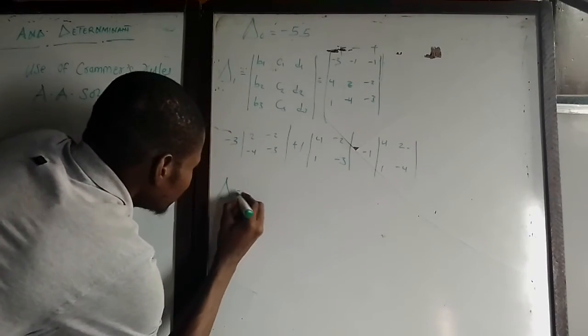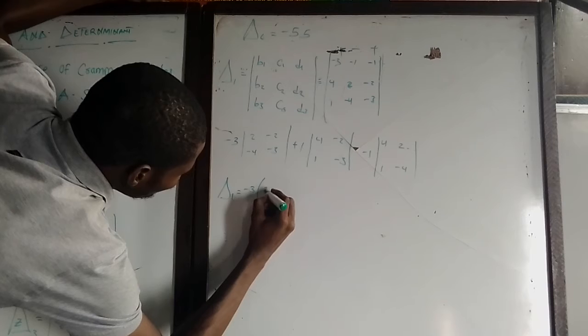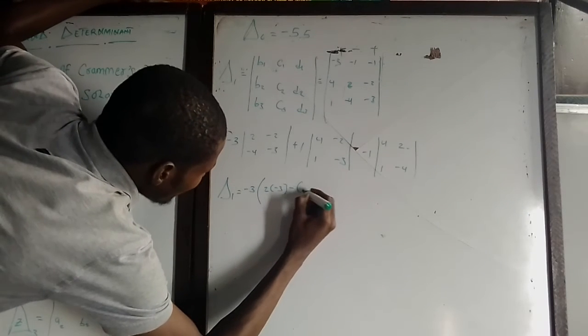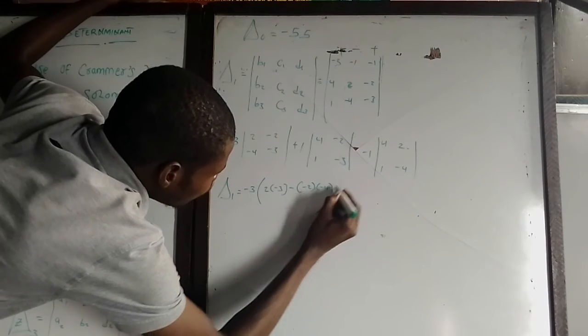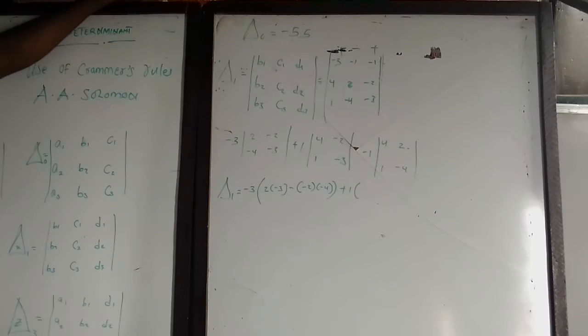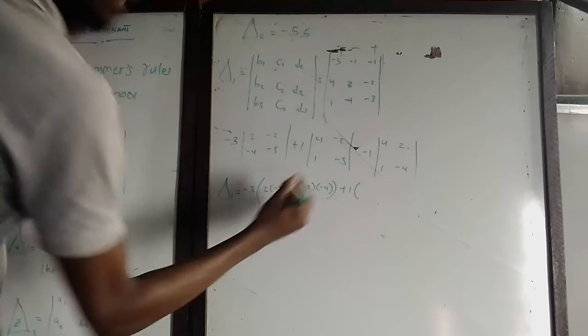Our determinant 1 is equal to minus 3, open bracket, 2 times minus 3, close bracket, open bracket, minus 2 times minus 4. You close your bracket, then you open your bracket back. Do we understand? Then you come to this place again.